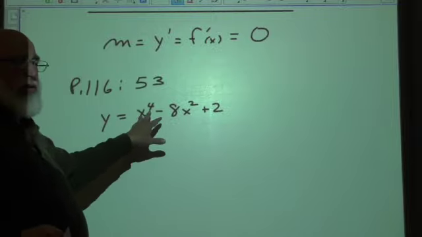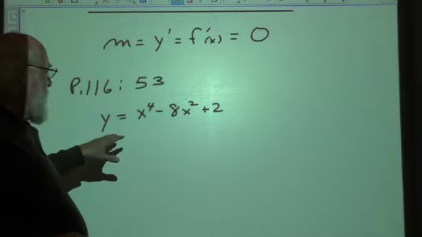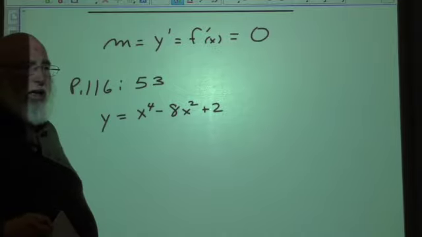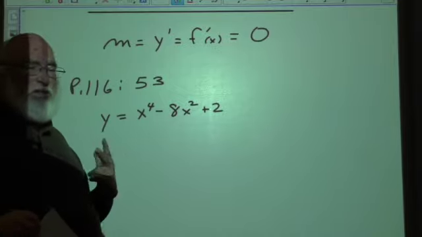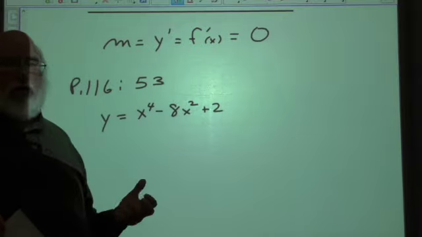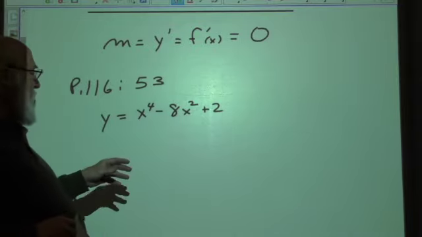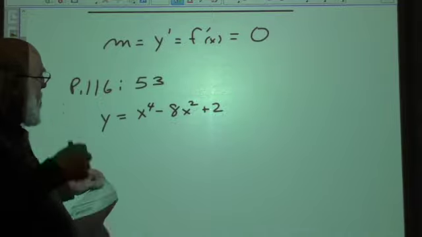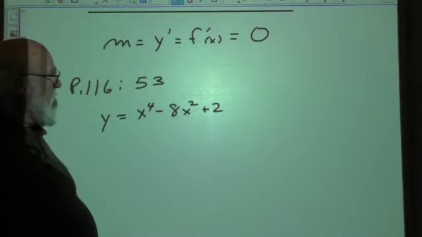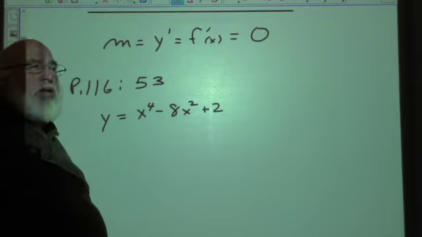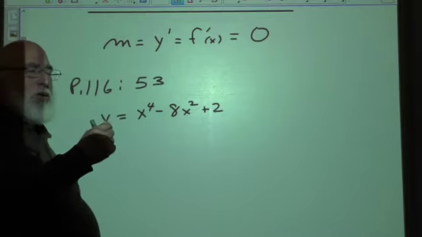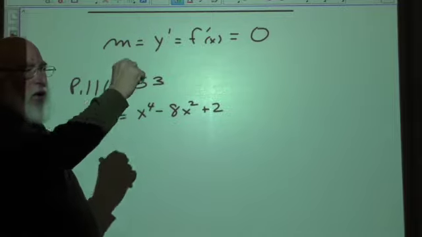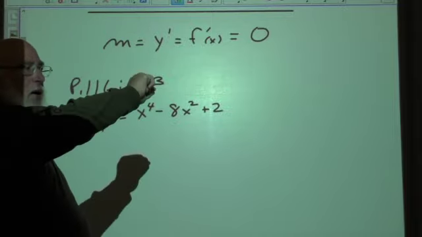This is a 4th degree equation, which means that one of 2 possibilities exists as far as finding horizontal tangents. We can see as many as 3, because when you have a horizontal line that has a slope of 0, that means you're going from either a negative to a positive or a positive to a negative.